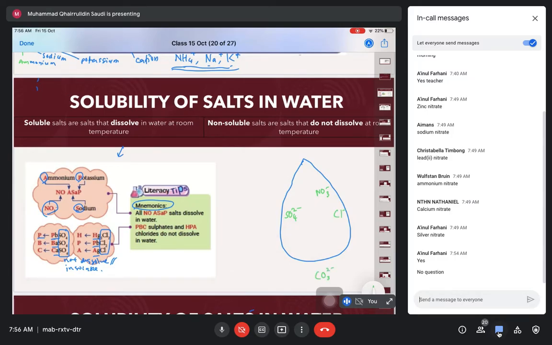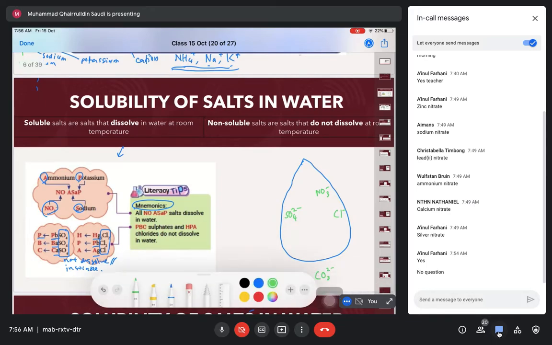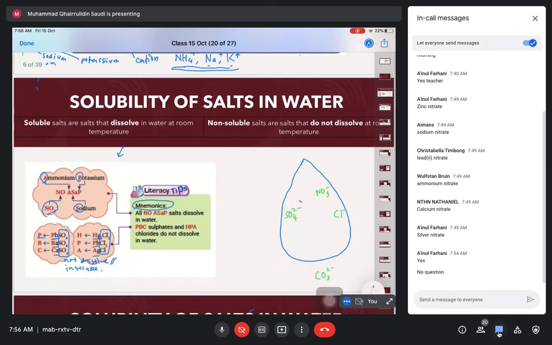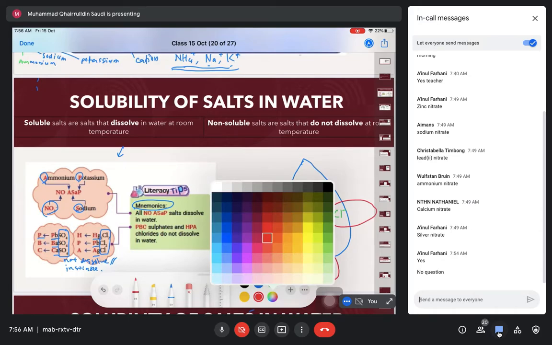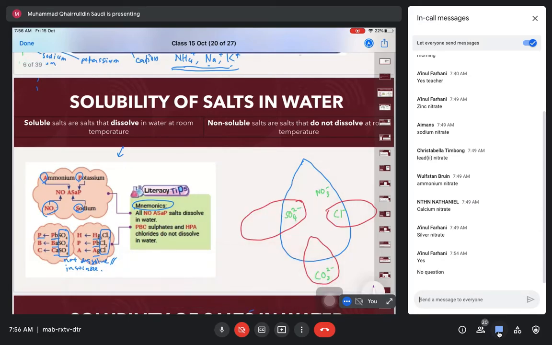If you draw it like this, ingat droplet of water, and then you write down all the anion.